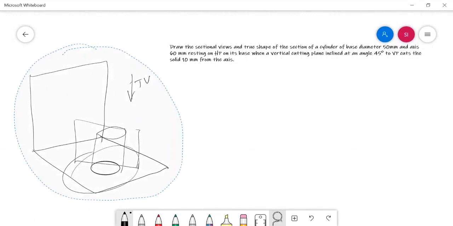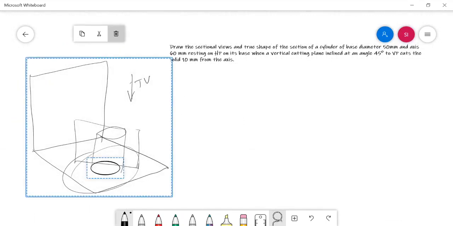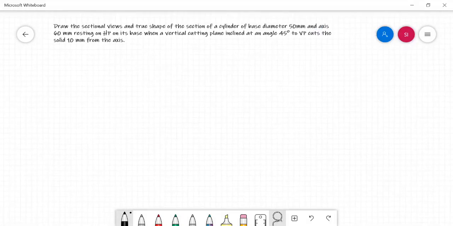Let me draw the projections of the given solid starting from the XY line.